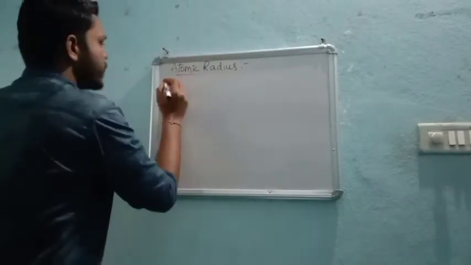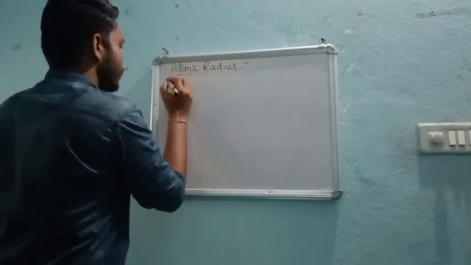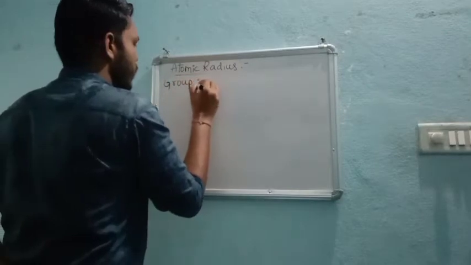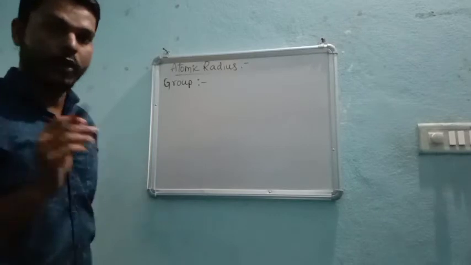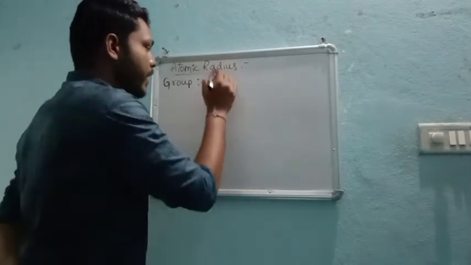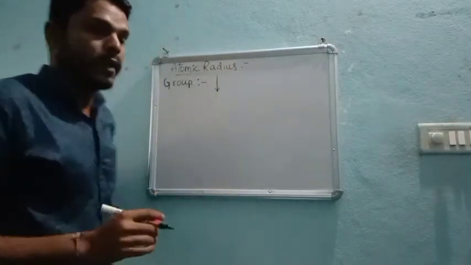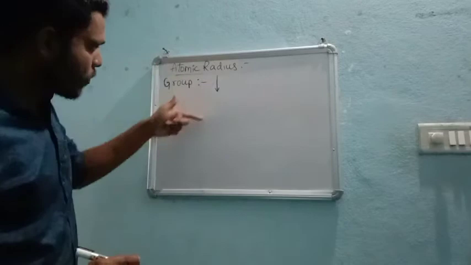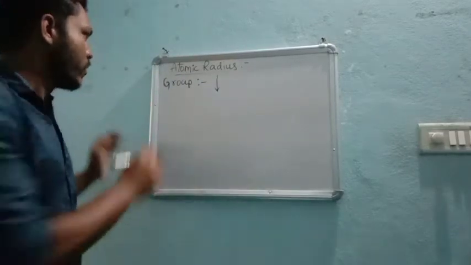Now we will see atomic radius in a group. I already said there are 18 groups. A group is nothing but top to bottom. If we move in a single vertical line from top to bottom, then that part is called a group.